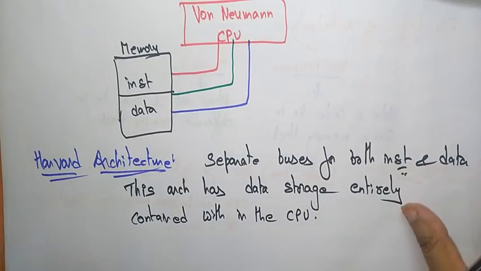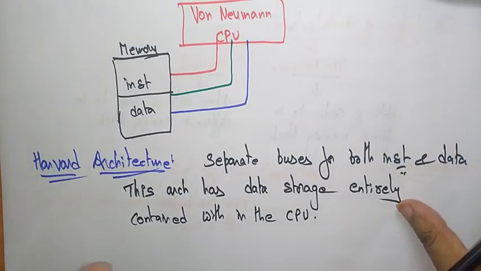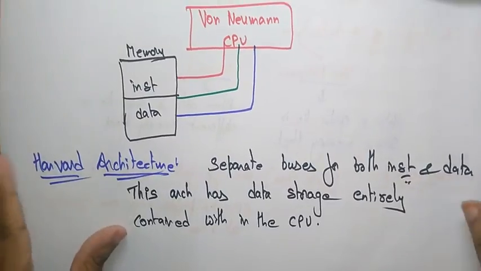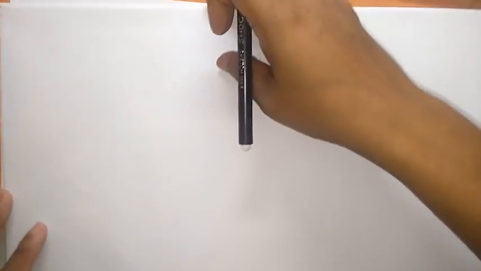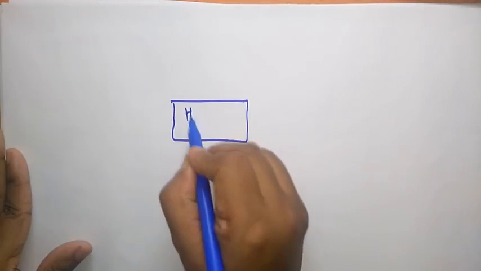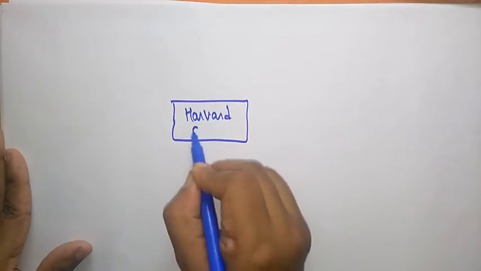Here the computers have separate memory areas for data as well as program instructions. Both the data and the program instructions use internal data buses, which allows simultaneous access for both data and instructions. Let me show you. This is a Harvard CPU.